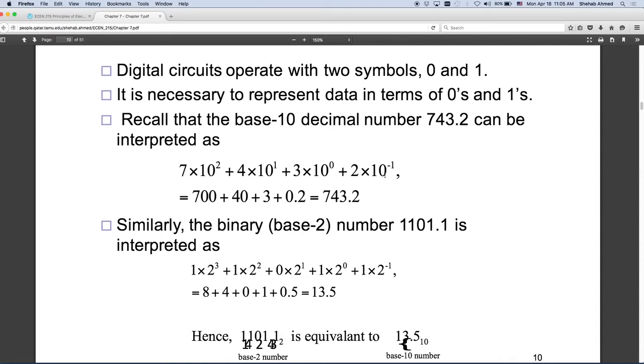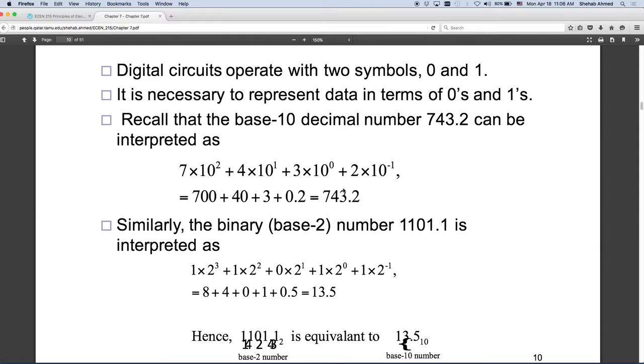I can write 2 times 10 to the minus 1, plus 3 times 10 to the 0, 4 times 10 to the 1, 7 times 10 to the 2, and I end up with my 700 plus 40 plus 3 plus 0.2. So I was able to take my number and represent it in a base 10 format using 7, 4, 3, and 2. Right? So I can do the same, but on a base 2 system.